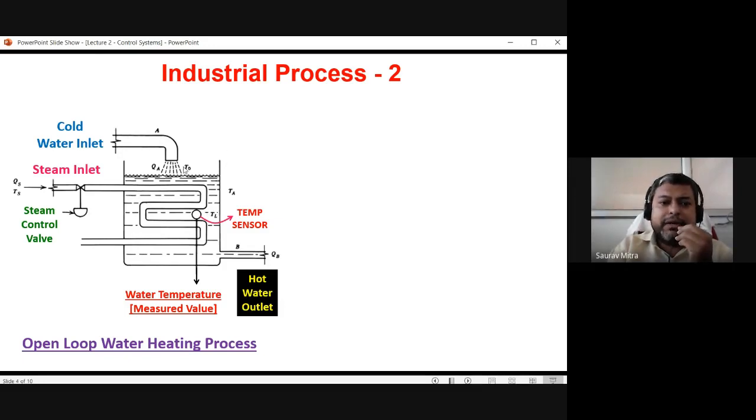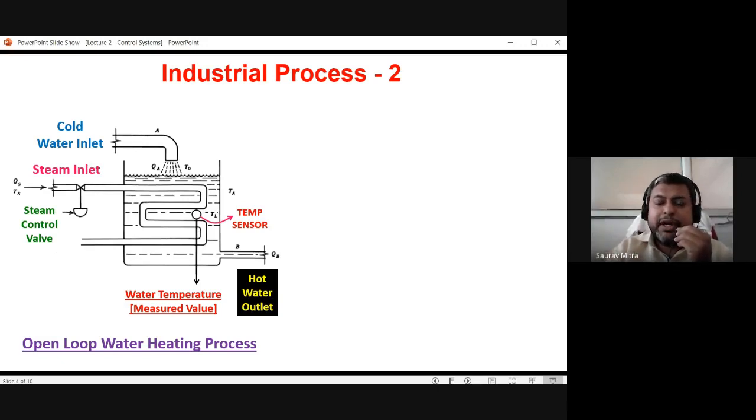Inside this water bath, there is a steam flow through a metallic pipe. Whenever the steam flows through, the metallic pipe gives out the heat taken from the steam into the water. Directly we cannot put steam into water, but we can put a metallic steam pipe into water.